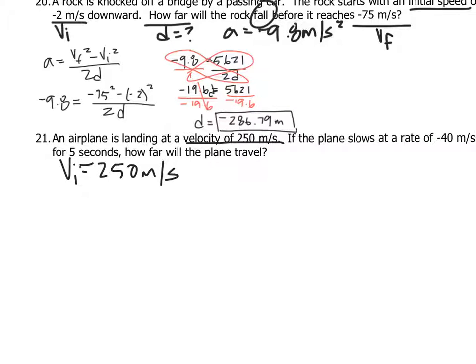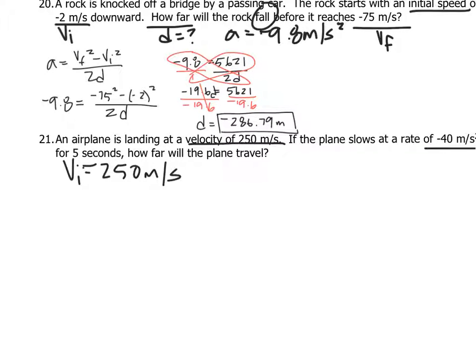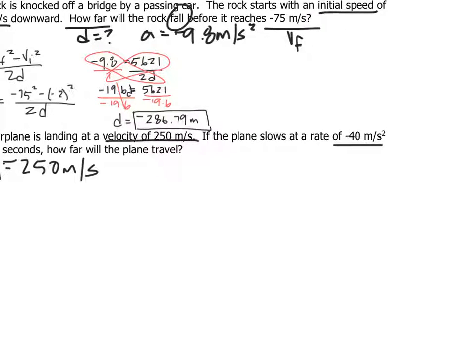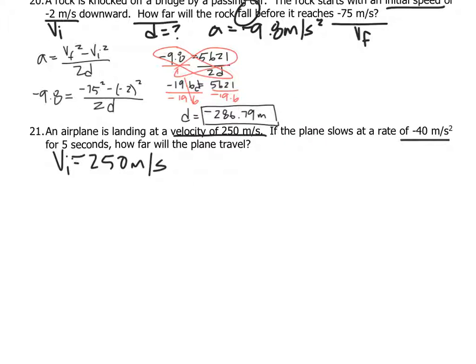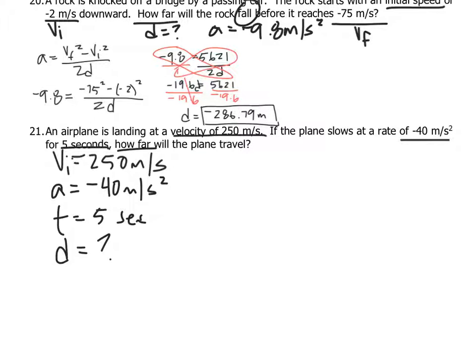It's slowing down at a rate of negative 40 meters per second squared. So what it's telling me is the acceleration is negative 40. It's slowing down. And it's slowing down for 5 seconds, so I know the time is 5 seconds. How far will it go? Well, that is d. So VI, A, T, and D.